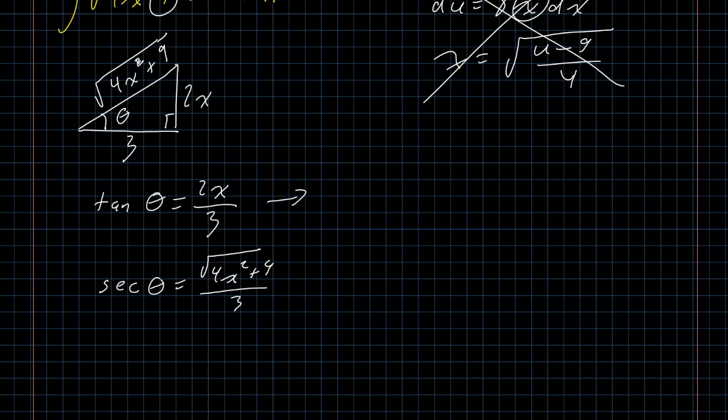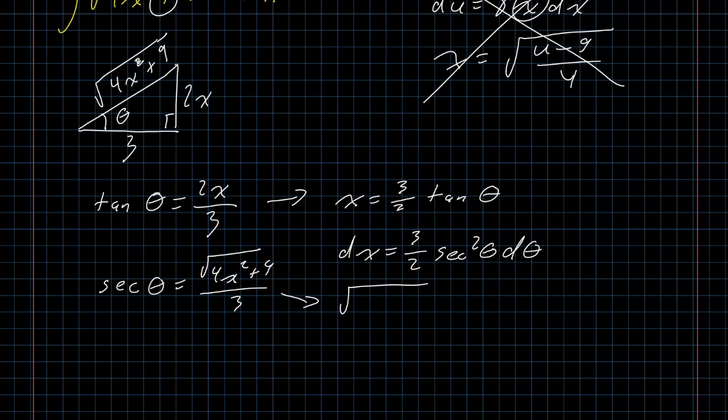Rearranging this, I have that x is 3/2 times the tangent of theta. From there I can say that dx must be 3/2 times secant squared theta d theta. Then rearranging this other expression, I have that the square root of 4x squared plus 9 is equal to 3 times the secant of theta.